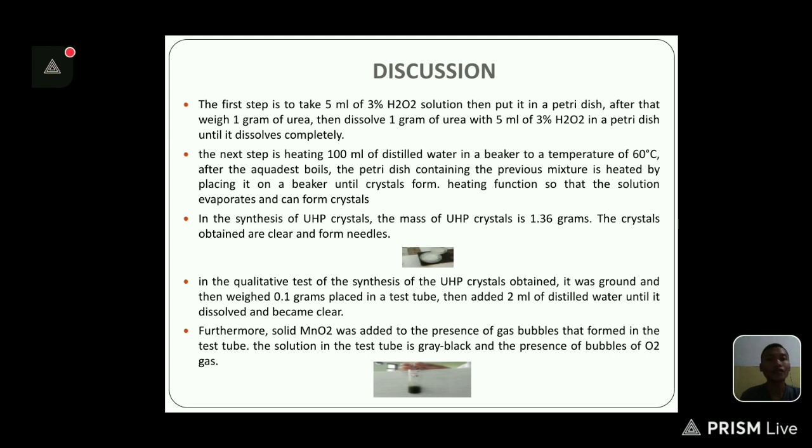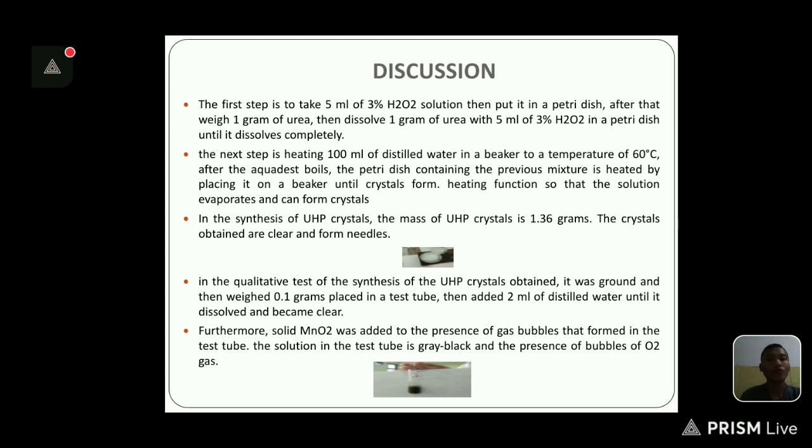In the synthesis of UHP crystal, the mass of the UHP crystal is 1.36 grams. The crystals obtained are clear. In the qualitative test of the synthesized UHP crystal, it was ground and 0.1 grams was weighed and placed in a test tube.